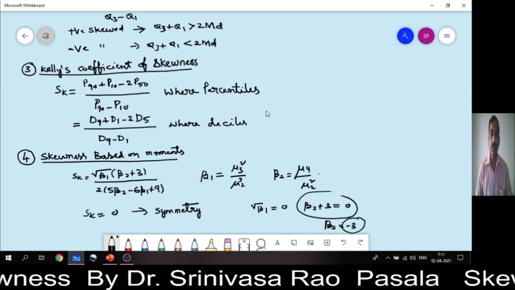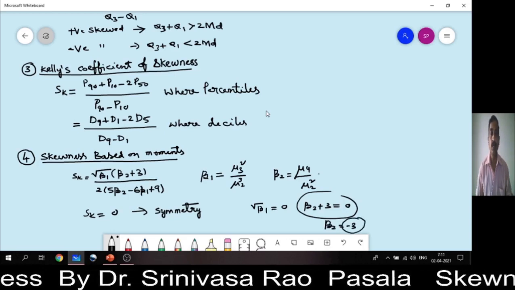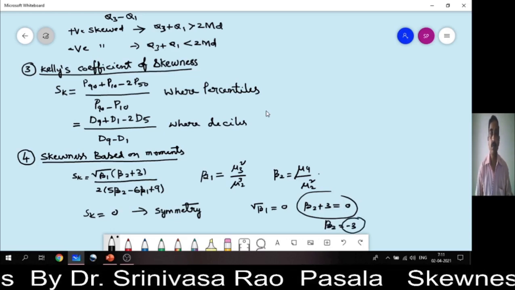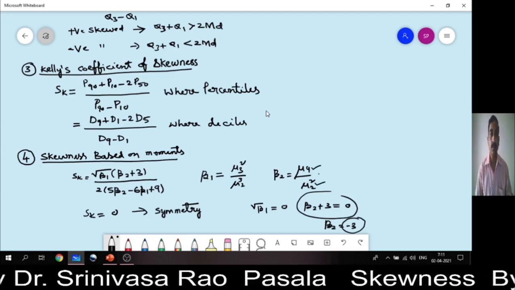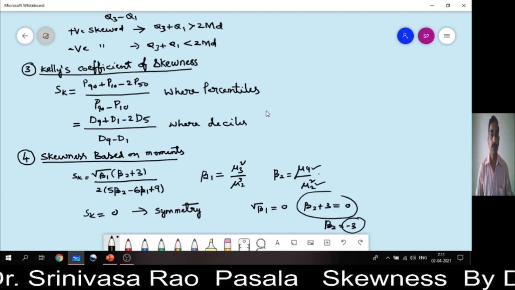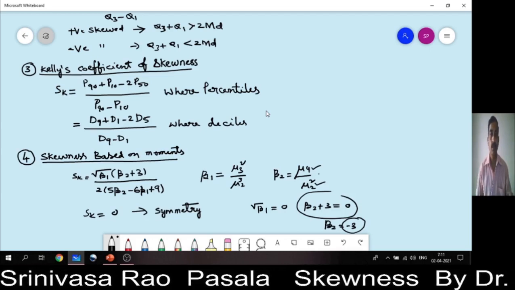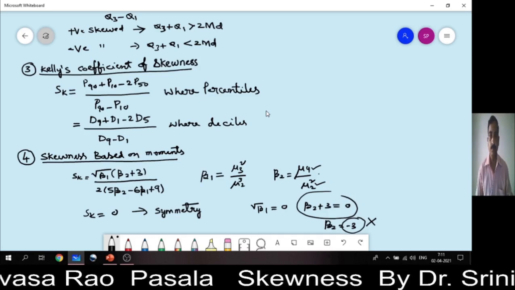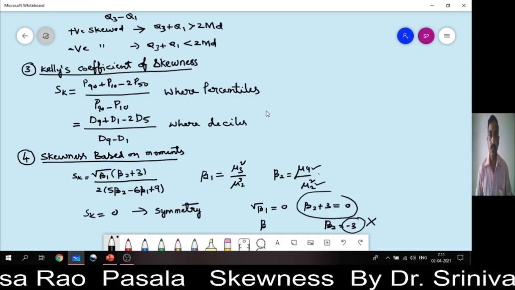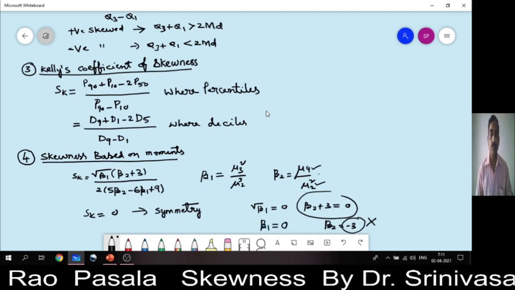It is not possible for beta 2 to be negative. Why? Because mu 4 is positive, mu 2 square is also positive. That's why beta value is always positive. So this is a contradiction of the principle. That's why the only possibility is beta 1 equals 0.